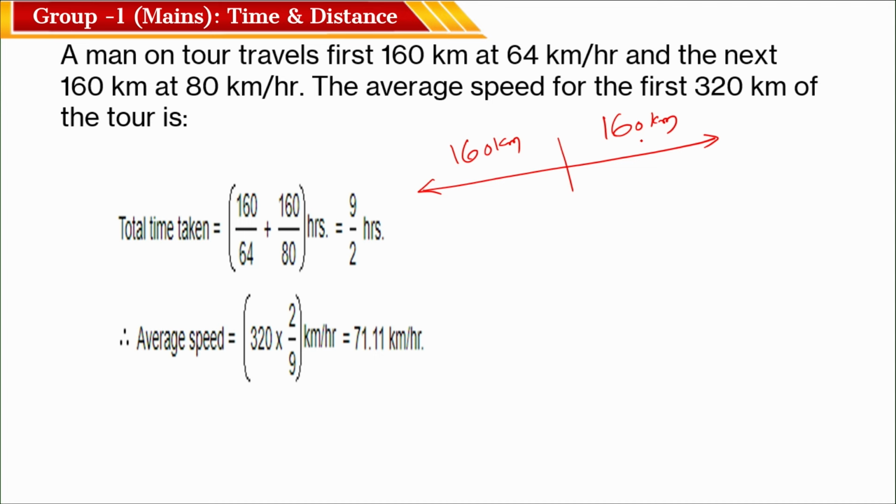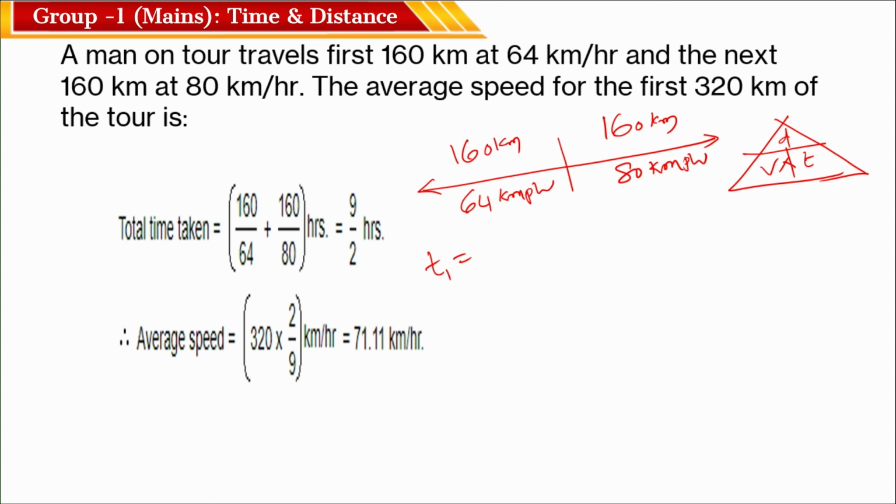The first 160 kilometers is travelled at 64 kmph and the next 160 kilometers is travelled at 80 kmph, correct? Okay. So now we know the distance, we know the speed. So now once again I am taking the table here: distance, velocity or speed, and time. So we know the distance, we know the speed, so we can find the time. Okay, time taken to cover this 160 kilometers.